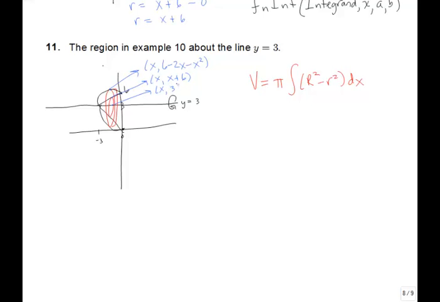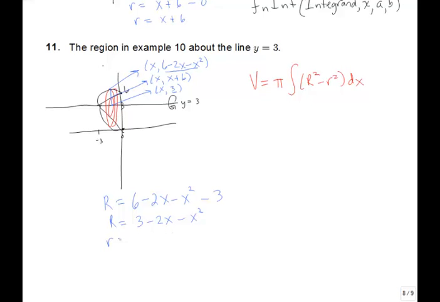So this y coordinate is 3. Therefore, my big R is going to be this y value minus this center y value, so that whole distance in between. So we want to do the top minus the bottom. So 6 minus 2x minus x squared, that's the top y value minus the bottom y value. And that's going to simplify slightly to 3 minus 2x minus x squared.